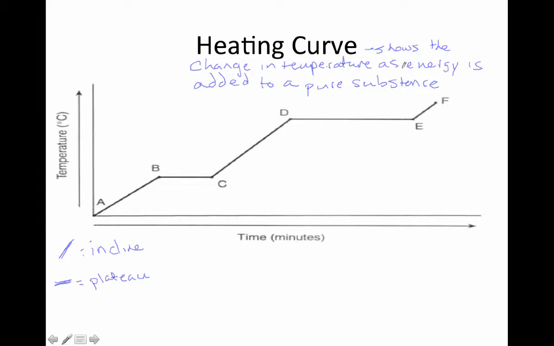And if we're adding energy the whole time, you see on the inclines you have a change in temperature. But on our plateaus, there's no change in temperature. So if we go back to what we defined our two types of energy as, where kinetic energy is temperature, then our plateau cannot have a change in kinetic energy.